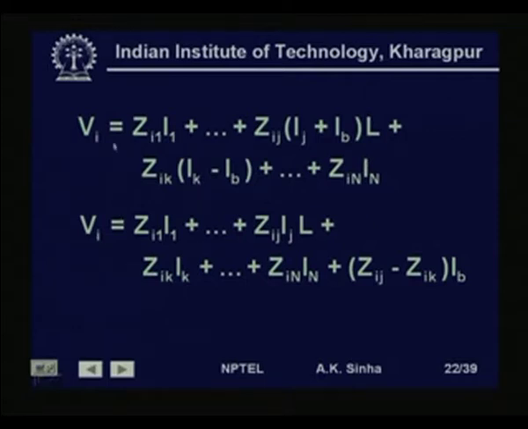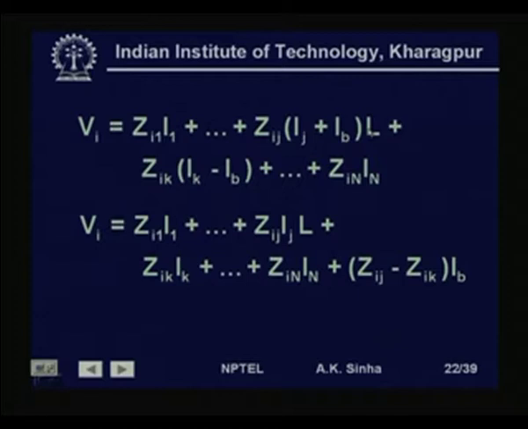So now we are writing the same expression here by taking the terms of Ib together outside. So, we have Vi is equal to Zi1 into I1 plus up to Zij into Ij. Again this L is dot dot dot, it has come wrongly typed.